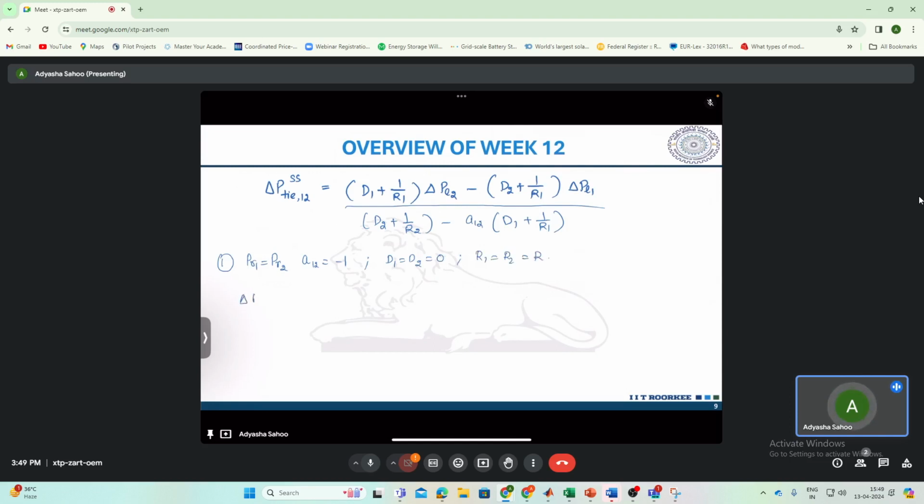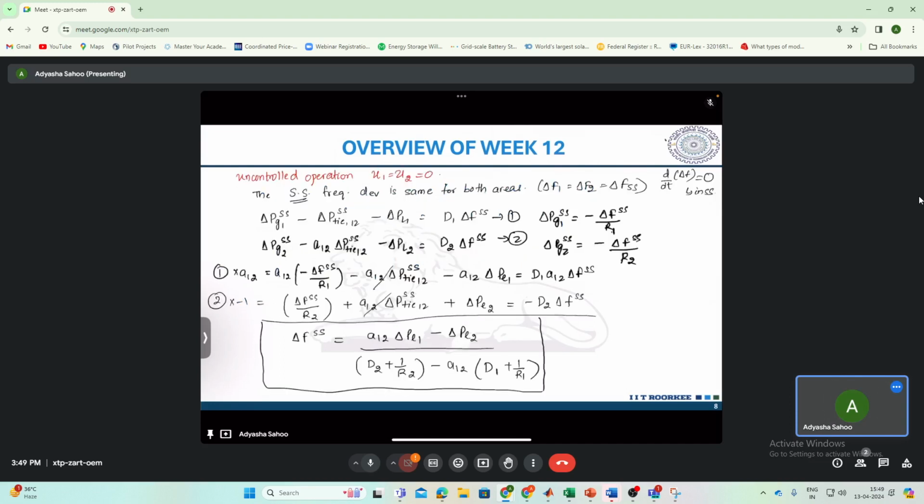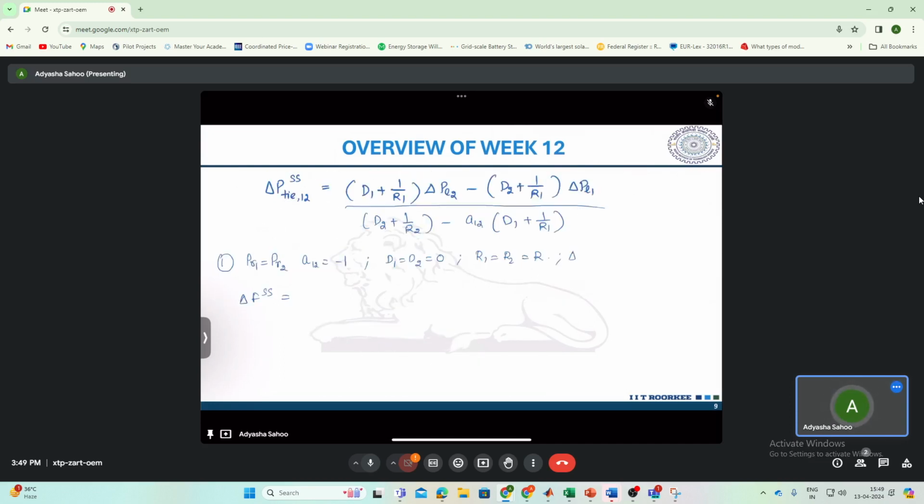So under such a condition, your delta F steady state, if you see in this expression, D is 0 and here delta PL2 is also 0, so that is disturbance only in area 1.